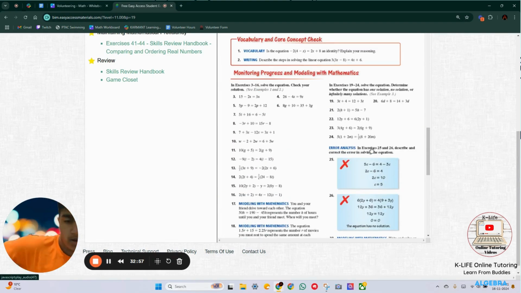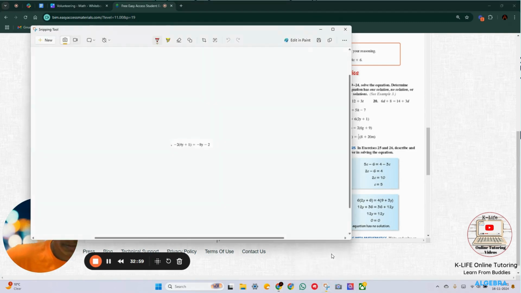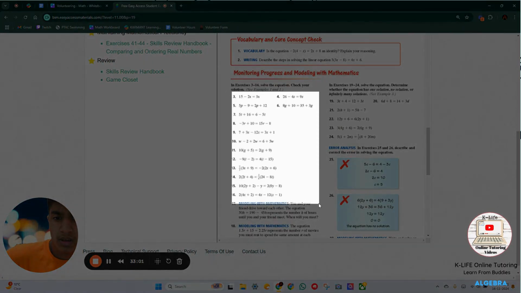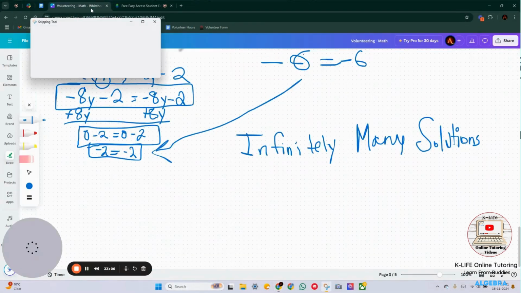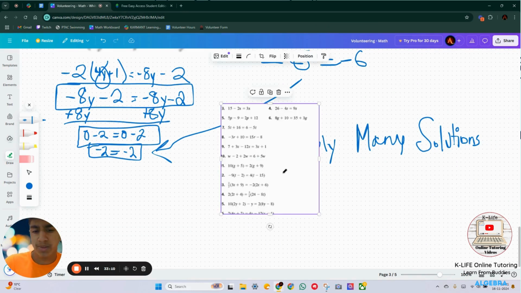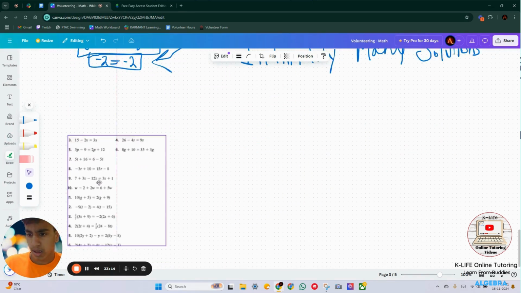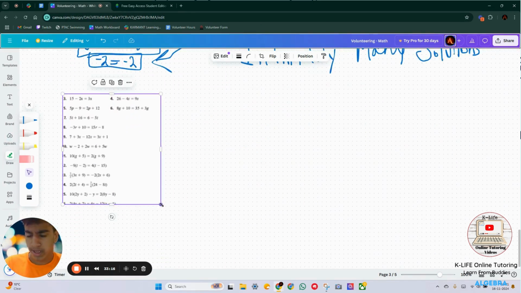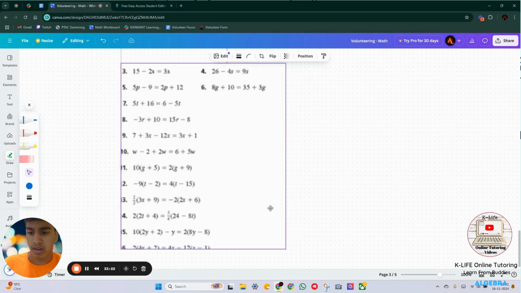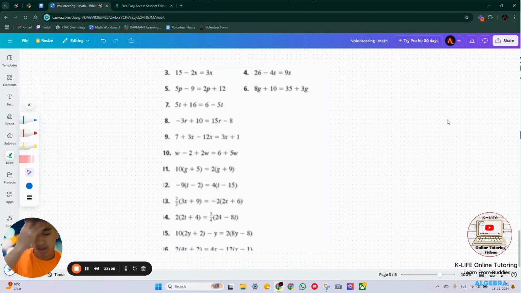Okay, so now this is your homework. Solve problems 3 to 16. It's only 14 problems. I want you to take a screenshot or even a picture of this, and let me just make it the center.